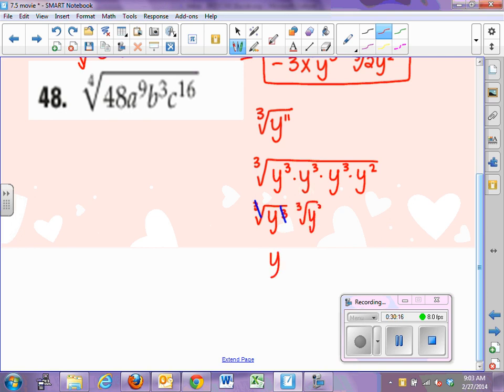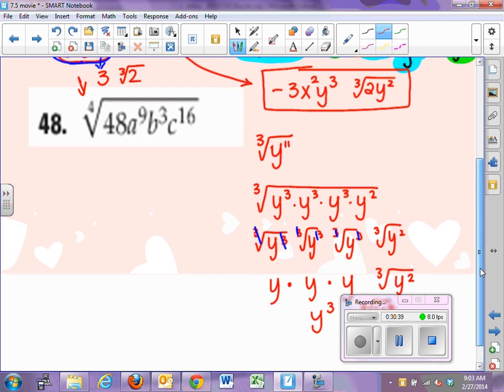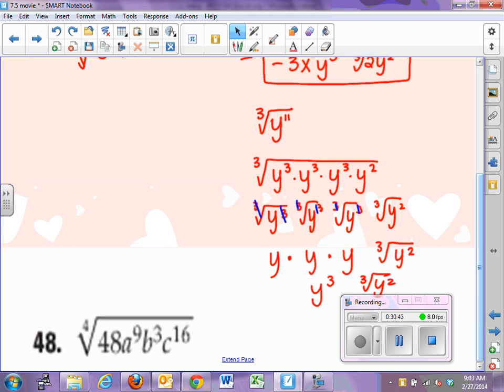Third root of y to the third, third root of y to the third, third root of y squared. Similarly, this is equal to y, this is equal to y, and this is the cube root of y squared. So this turns out to be y to the third power, and that's what we got up above. Let's try 48.